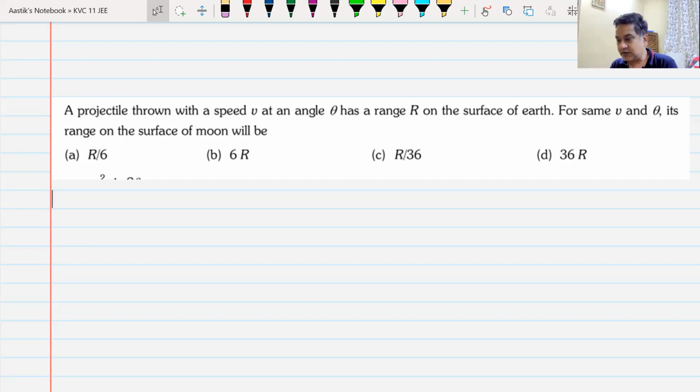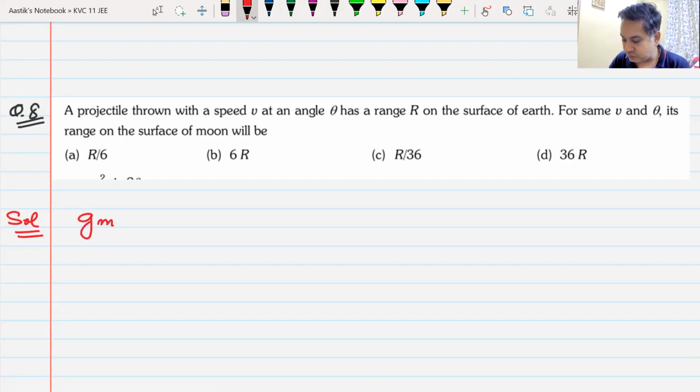Do you know the relation between Earth's gravity and Moon's gravity? Acceleration due to gravity on the Moon is acceleration due to gravity on Earth divided by 6. It is 1 by 6. So you can use this information, solve the question, and stay happy.